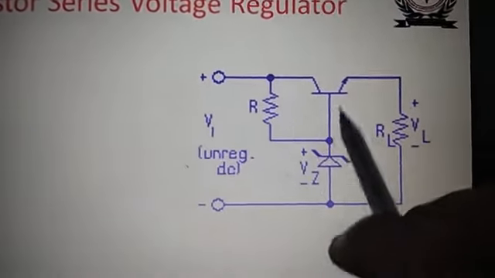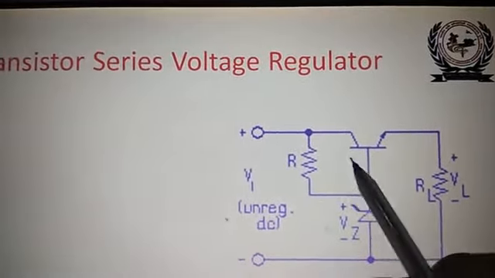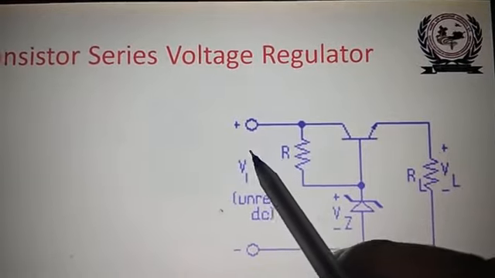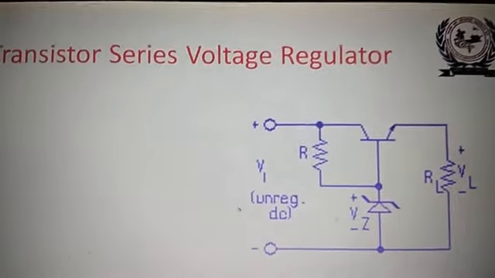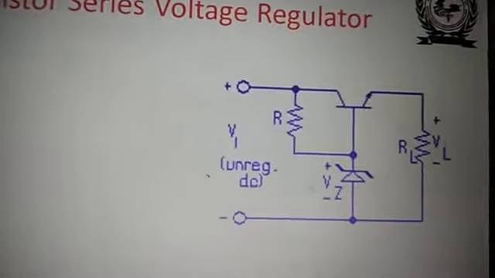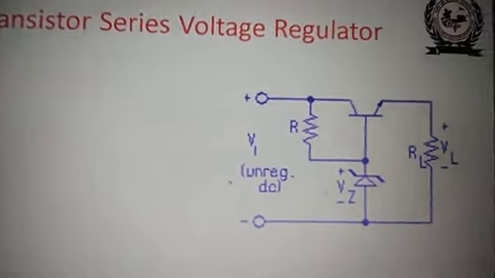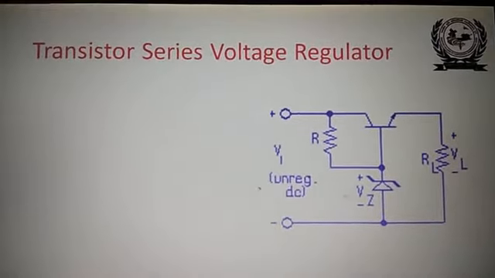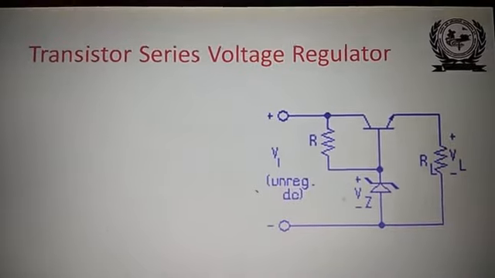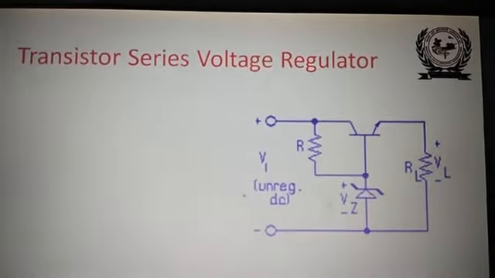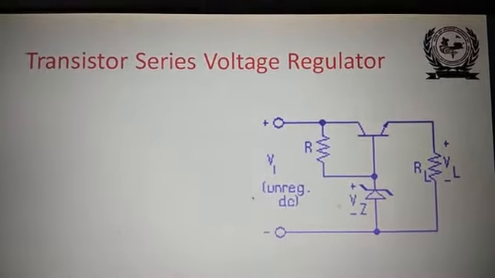Because here you can see in the circuit diagram, this transistor is in series with the input and output. Therefore, this transistor is particularly called as a series pass transistor, and therefore this is called as transistor series regulator.